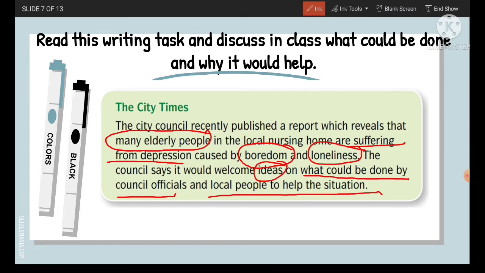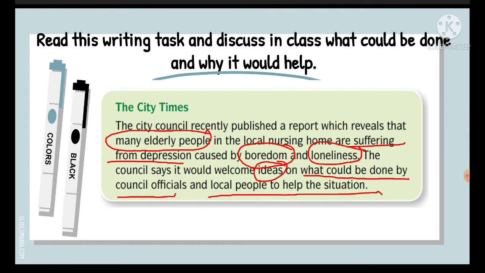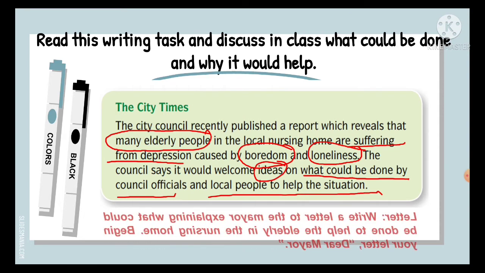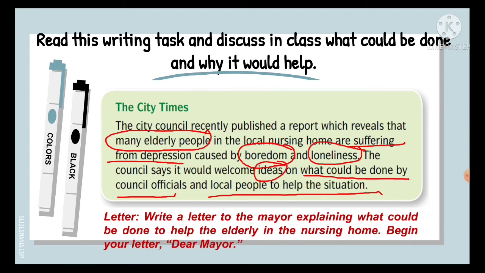So we will see how they write the letter to the mayor, because the question is already written down. Write a letter to the mayor explaining what could be done to help the elderly in the nursing home. Begin your letter, dear mayor.